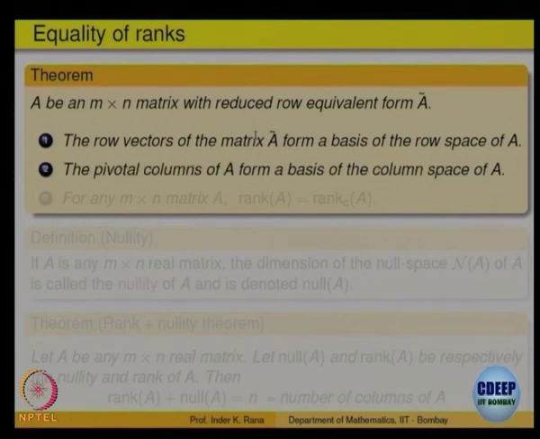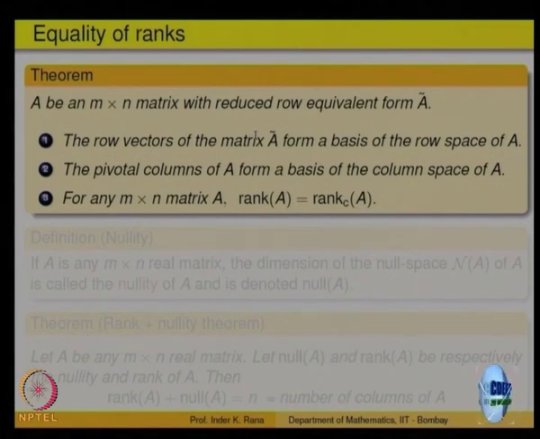And here is a theorem based on what we have just now discussed. It says if A is an m cross n matrix, the row vectors of the matrix A tilde, that is the row equivalent form, form a basis, that is what we said earlier, right.